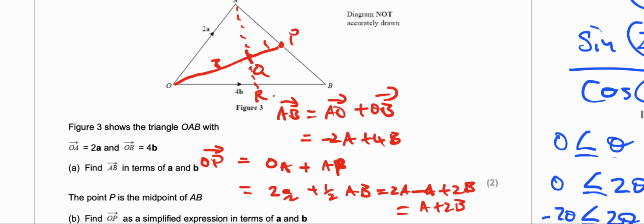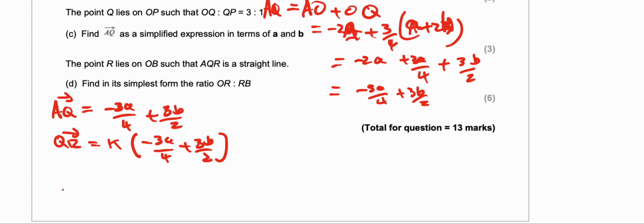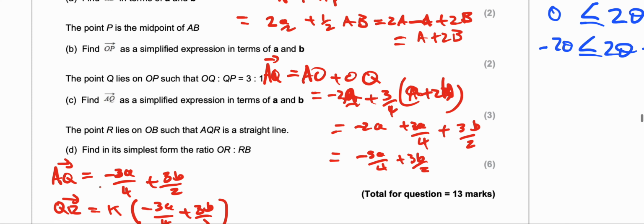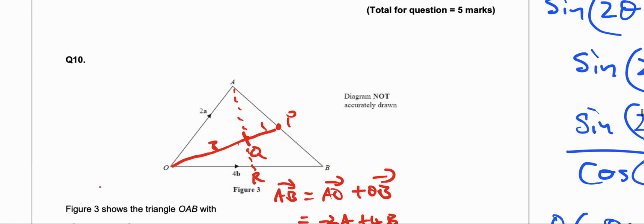But if we look at the vector OR, it is only in terms of b. Okay? So it's only some multiple of b. So OR is OA plus AR.